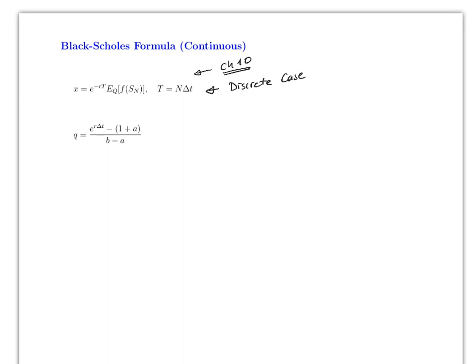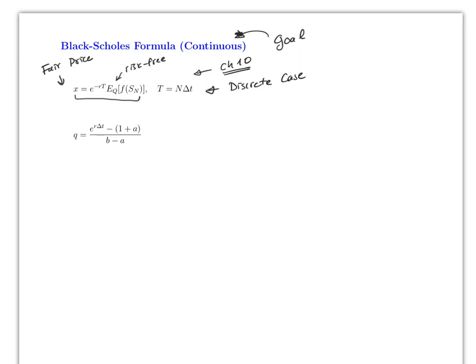Remember the x was the fair price, and the fair price was defined to be the discounted expected value with respect to the risk-free measure, remember that Q was the risk-free measure, of the expected payoff. So we have done this before. So now the goal is going to be to get a formula like this, but in the continuous case.